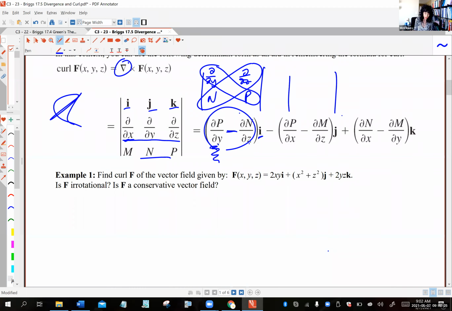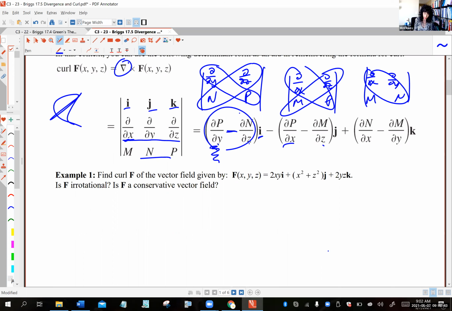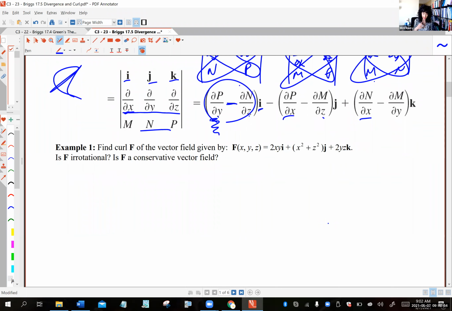Minus, and then this 2x2 determinant is found by blocking out the row and column that j hat lives in. You take d/dx of P minus dM/dz. And then this one would be dN/dx minus dM/dy. So that's how you get your curl. Now your curl is a vector. So don't forget, the curl is a vector.